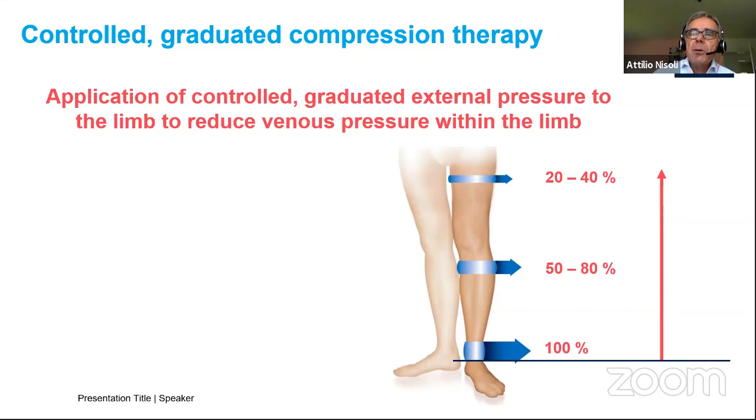At the ankle, we are talking about 100% of pressure, and as it moves up the leg, it needs to decrease in a way that below the crotch, we should reach a compression pressure of approximately 20 to 40% of what we have at the ankle. With the measuring, we'll have a look at it later on.